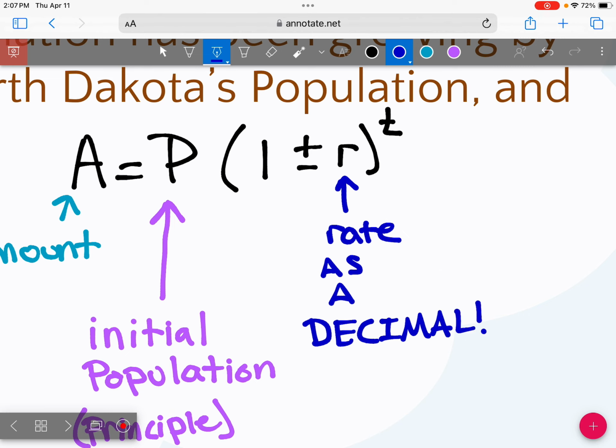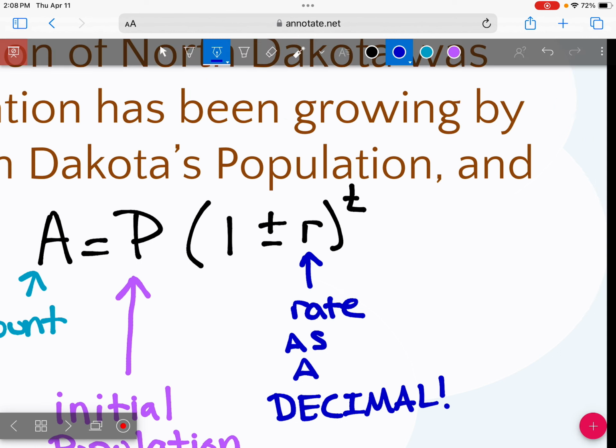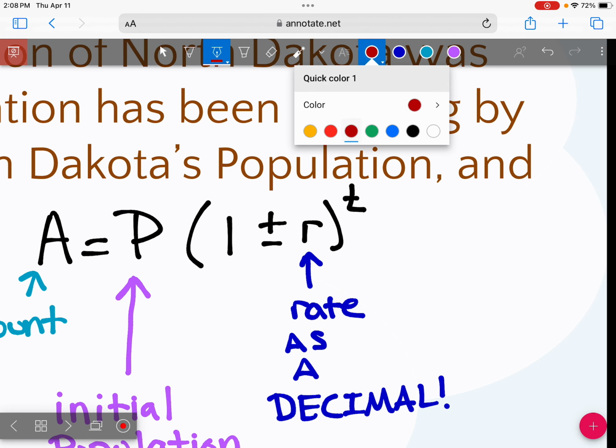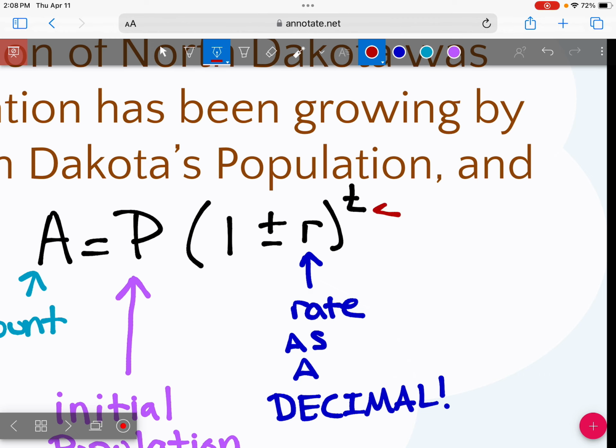It has to be a decimal. Very rarely is it given to us as a decimal, but it has to be in the formula as a decimal. And then our last piece up here is this t, and t is time.